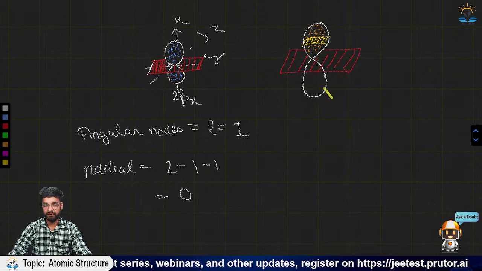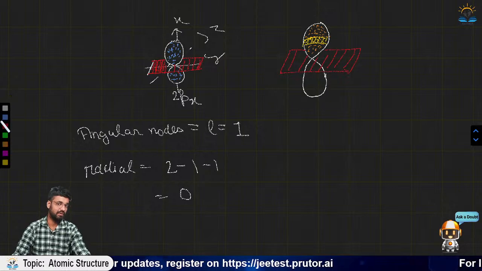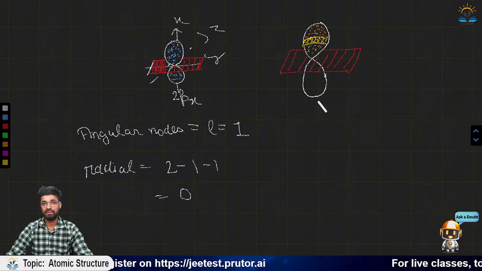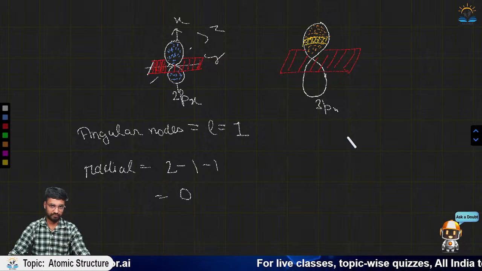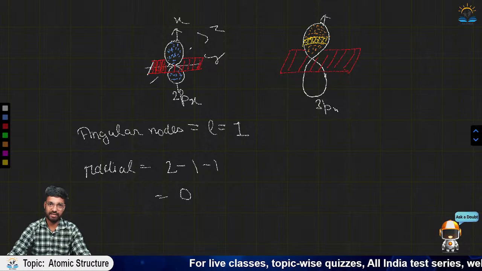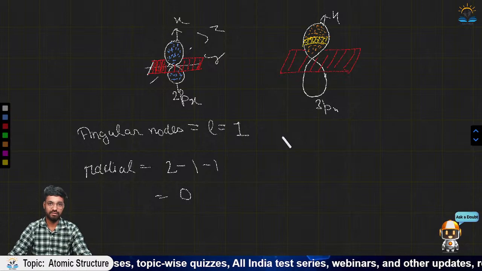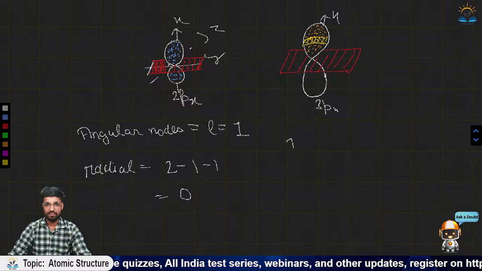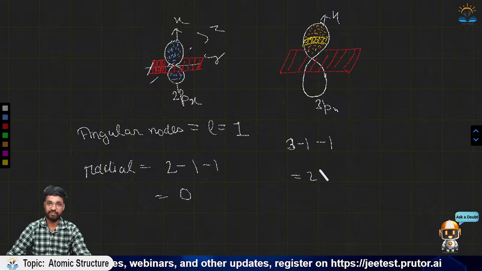Similarly, this lobe will have a diagram similar to this. So this is the 3px, with the same orientation, that is the x direction. And if you calculate the number of radial nodes, it will be 3 minus 1 minus 1, it will be 2 radial nodes.